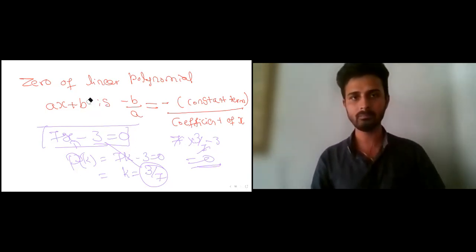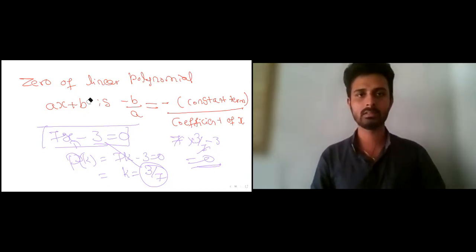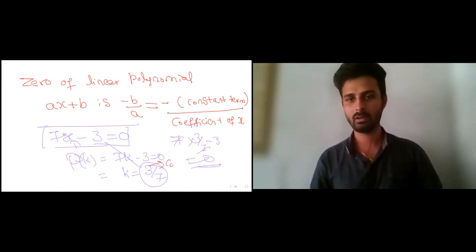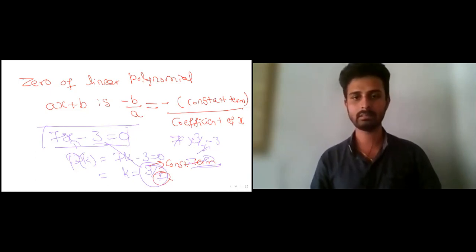And also you can see here this 3 is a constant term, and 7 is the coefficient of x.